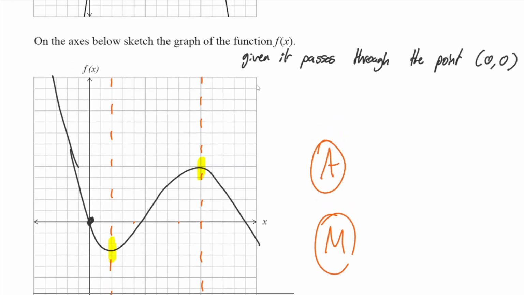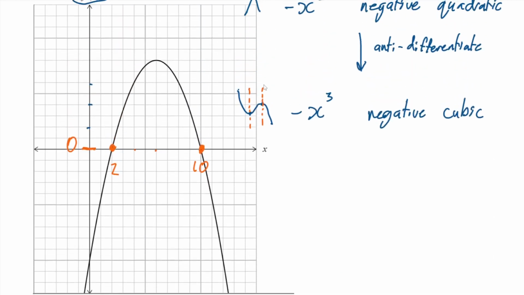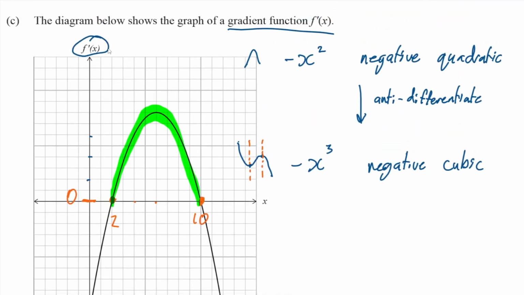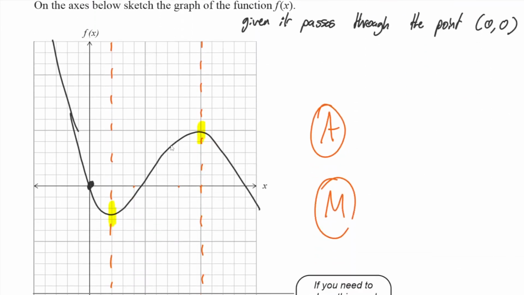Yep. And let's just double check the gradient function. So between the x-intercepts, the y value is positive, which means the gradient of our function should be positive, right? Which it is, it's increasing.